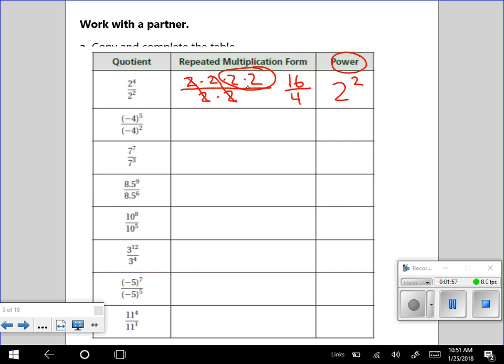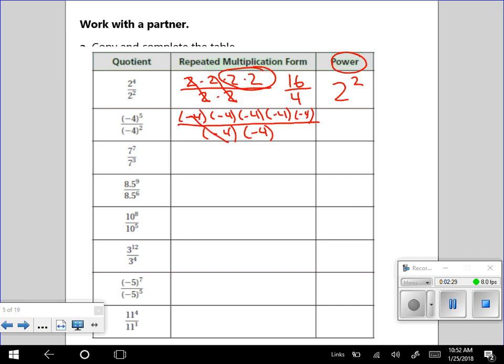Now, if you're looking at it in repeated multiplication form, we want to understand what the powers are, so we start to see a little bit of a pattern. So I'm going to write this next one out. We have negative 4 times negative 4 times negative 4 times negative 4 times negative 4, divided by negative 4 to the 2nd power, which is negative 4 times negative 4. If we separate them out, negative 4 divided by negative 4 is just 1.